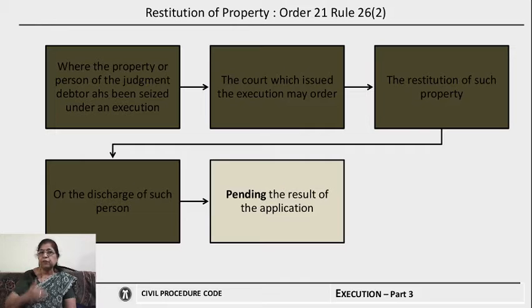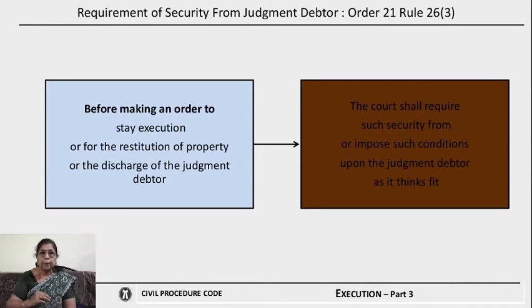So, when a person files an application before the court to stay, just to enable him to get the stay of execution from the proper court, then the executing court has this power under Rule 26.